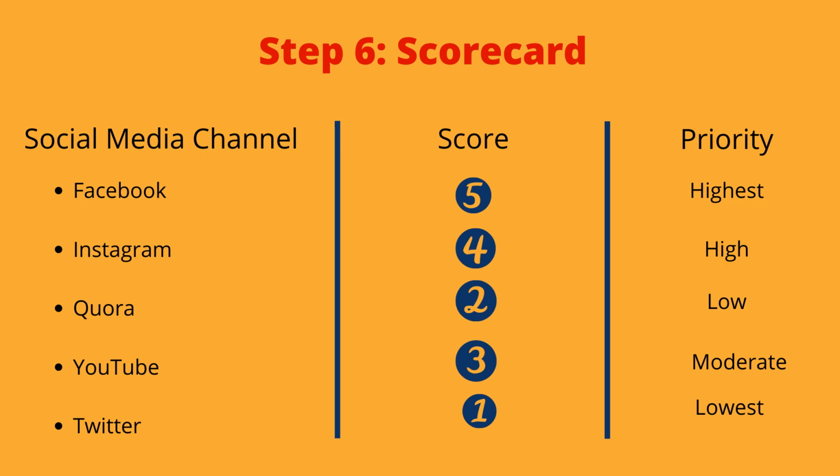After Facebook I'll move on to Instagram, then maybe YouTube, then Quora, and then Twitter. This was an example of a scorecard. Similarly, you can make a scorecard for your business and avoid the confusion, and this will really help you decide where to start from.